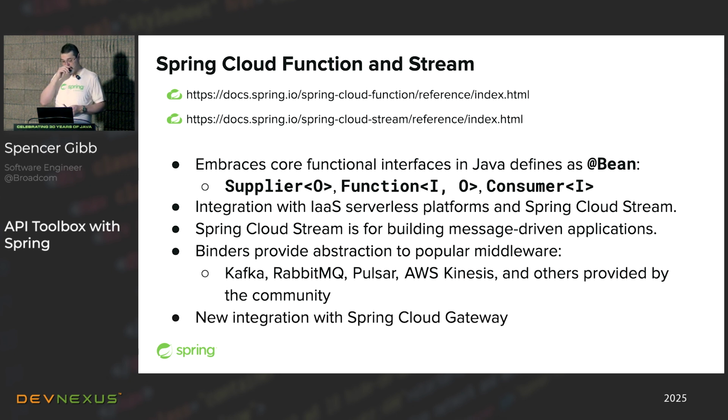One of the things that the maintainer of Function and Stream, his name's Oleg, we've been working on, is integration into Spring Cloud Gateway. So imagine we've had this on our radar for a long time, and we're finally able to get to it. So you have an API gateway, might be routing to microservices. You can now also route directly to message brokers over HTTP, right?